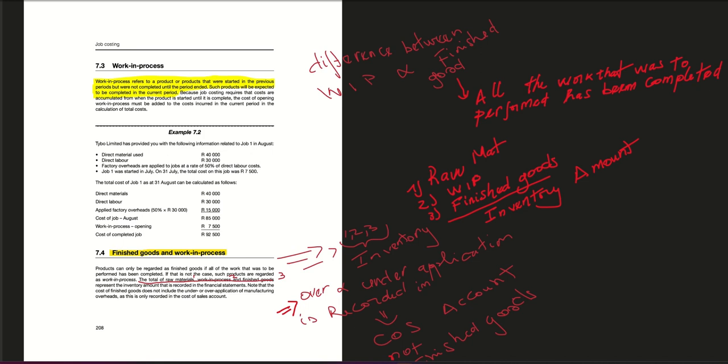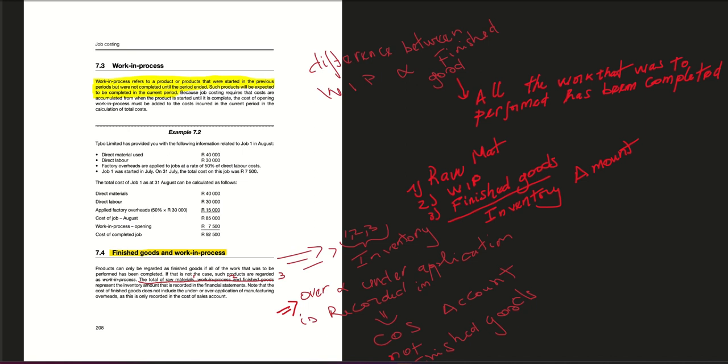So you know very well the difference between work in process and a finished good. But it's quite important to specify that once all the work that was to be performed has been completed, you are dealing with finished good.